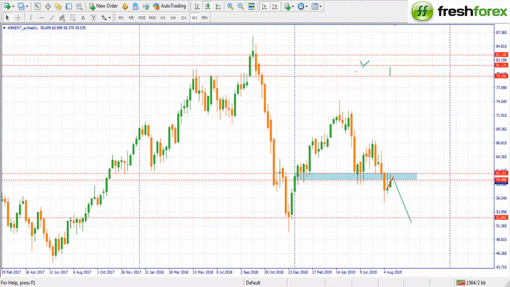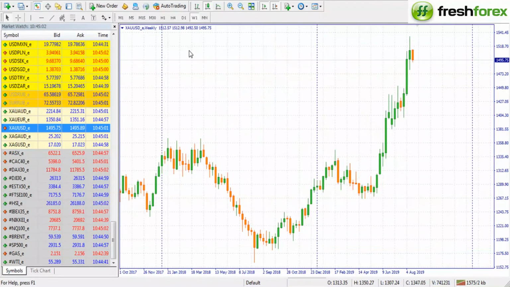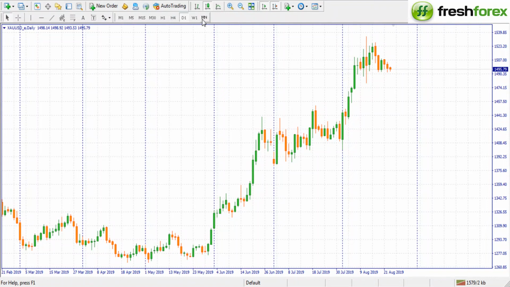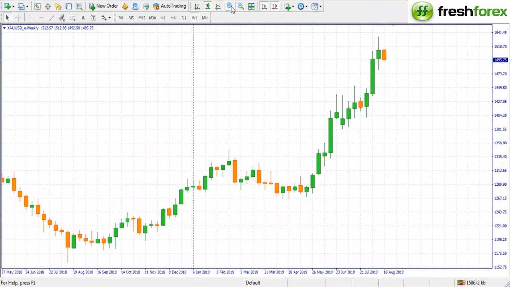So we'll move forward. We move to our last symbol, and that should be gold. So far gold is bullish, as you can see. If you look at the weekly chart, it's very bullish. The price is proceeding massively to the upper side, and we are making higher highs.